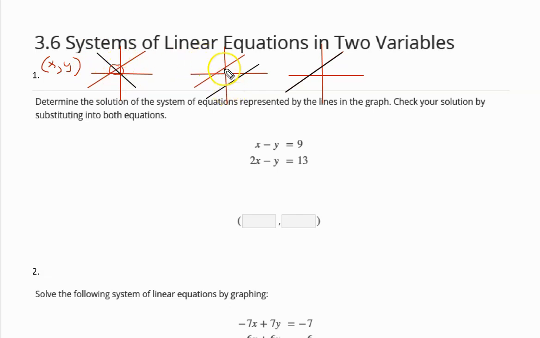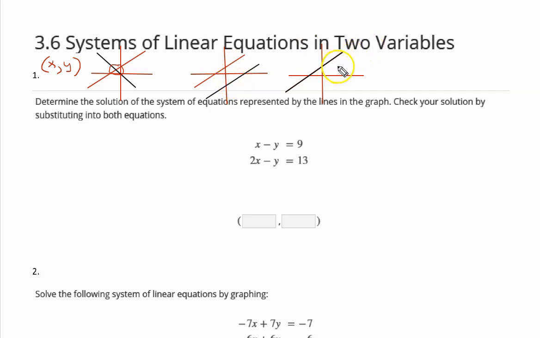And then here, the lines are never going to intersect because they are parallel lines. So again, these equations would be different, so they are independent equations. And they are inconsistent because they never intersect.